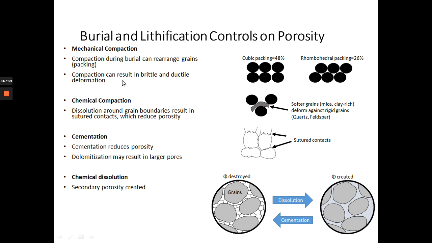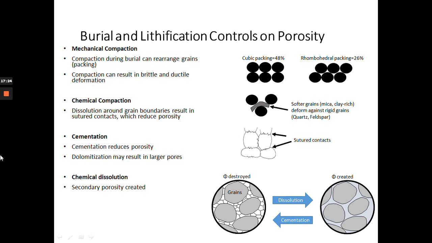And remember, compaction can also result in brittle and ductile deformation, which can also result in losing porosity. Okay. Chemical compaction results in dissolution around grain boundaries. Right? There was empty space in between before, but now they're much closer. They're now sutured. There's no empty space in the middle, so you are reducing porosity.